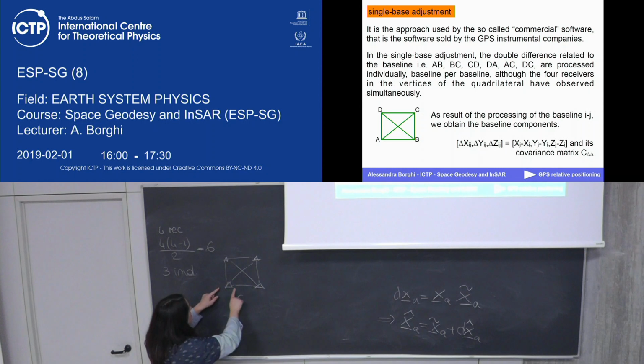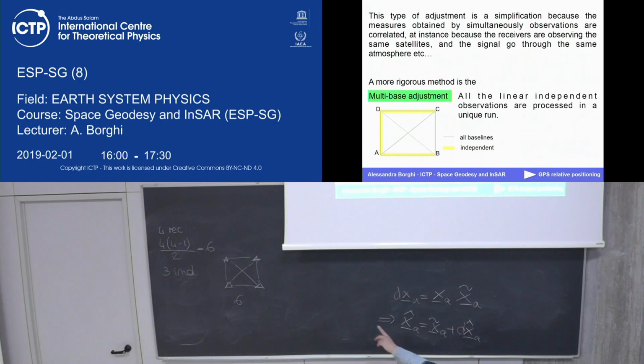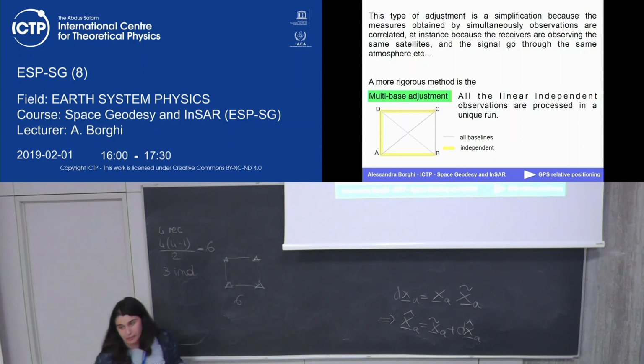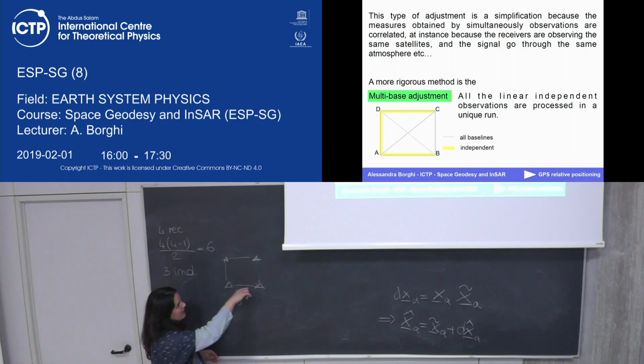In this case you process baseline after baseline to compute this coordinate. In the multi-base adjustment, we take, for instance, these 3 baselines, and we process these 3 baselines together. It means that in the deterministic part, the design matrix of this point has a relationship to these other 2.